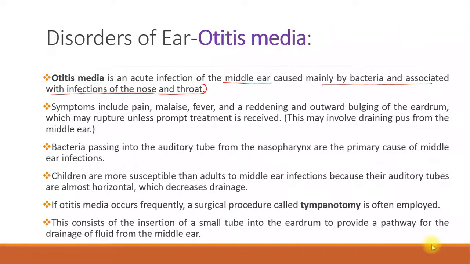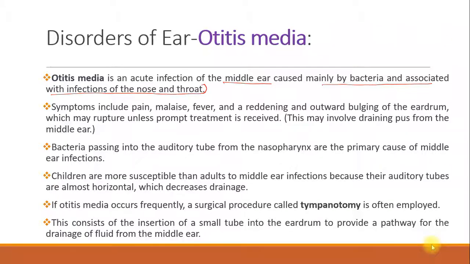So if we get infections of the nose and throat, bacteria can enter the middle ear through this eustachian tube and cause the infection of the middle ear, which is called otitis media.